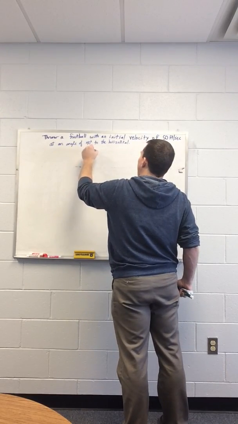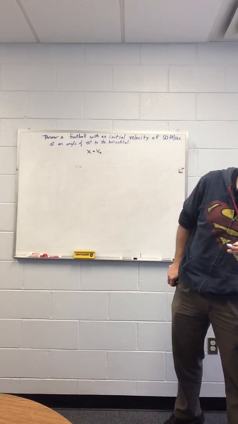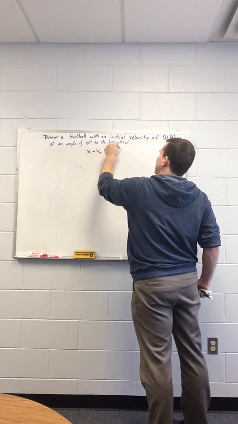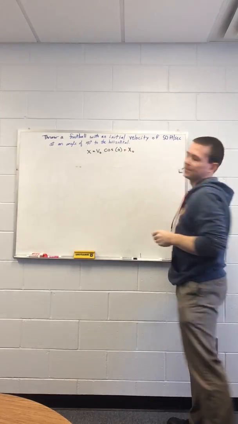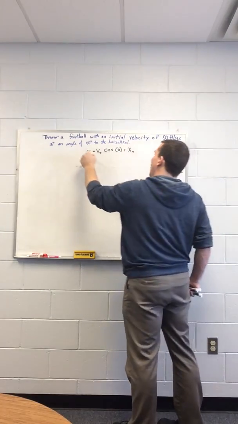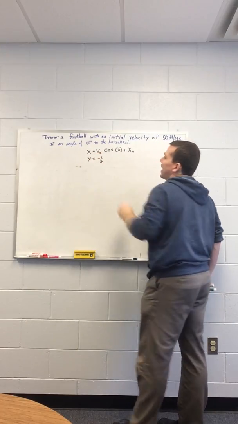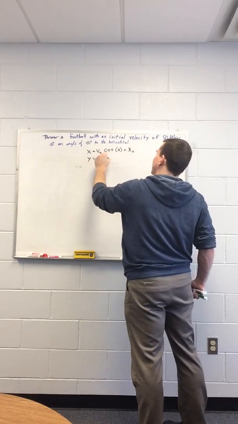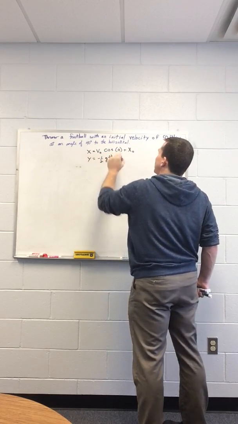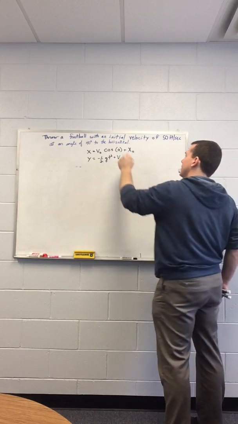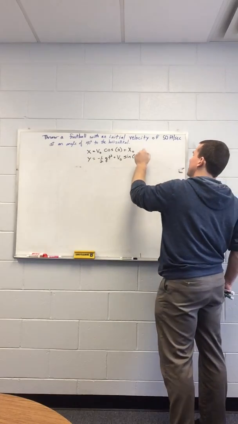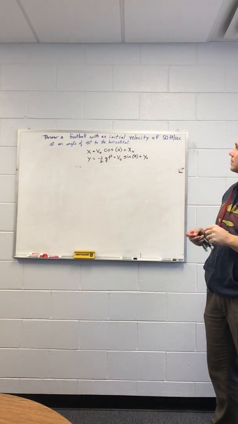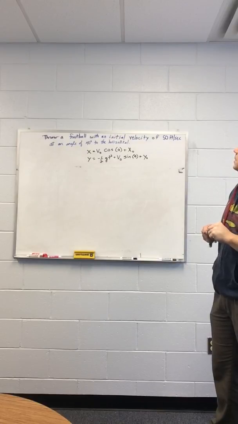The equations are x equals v sub 0 cosine theta t plus x sub 0, and y equals negative 1/2 g t squared plus v sub 0 sine theta t plus y sub 0.